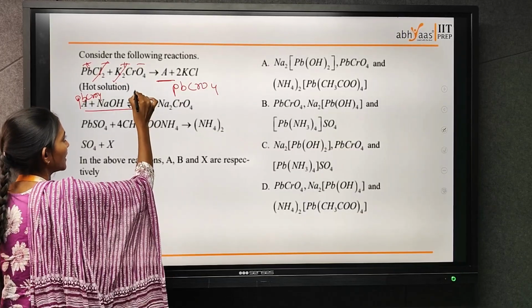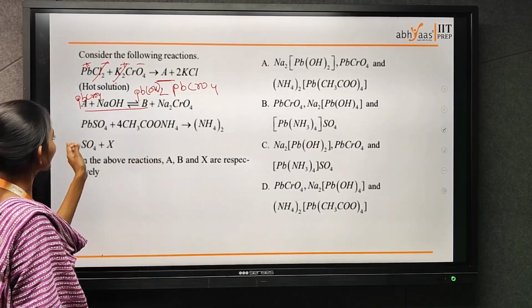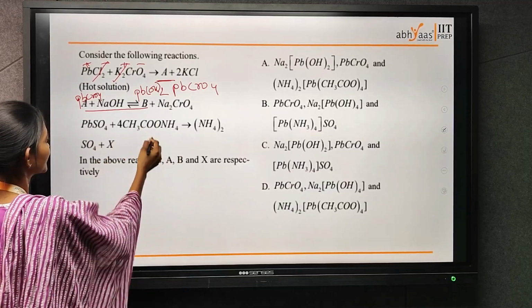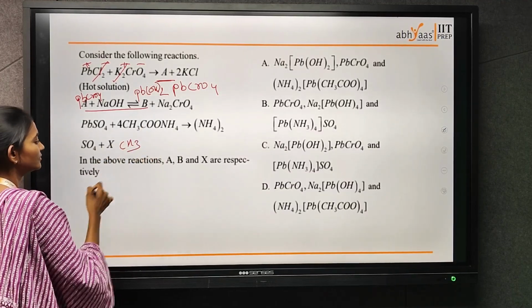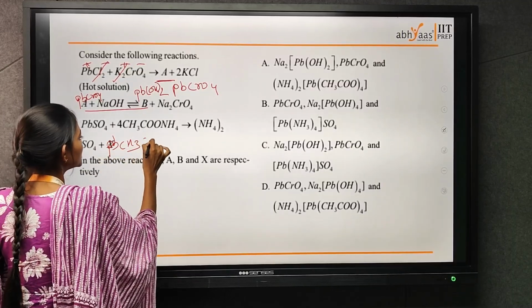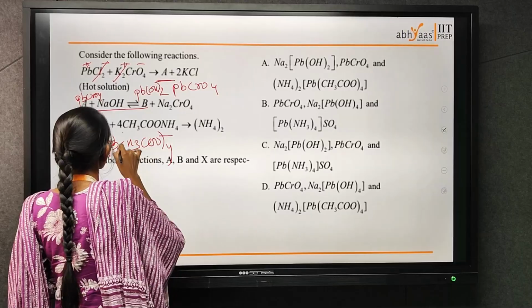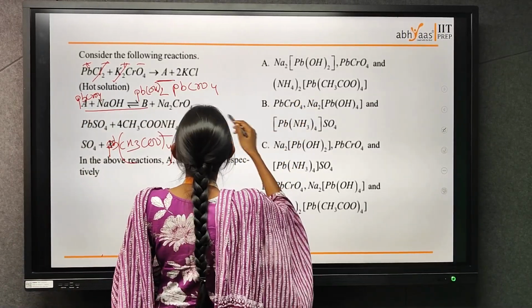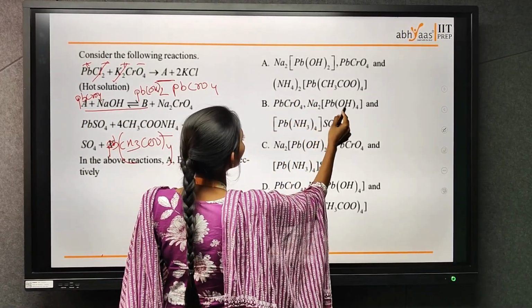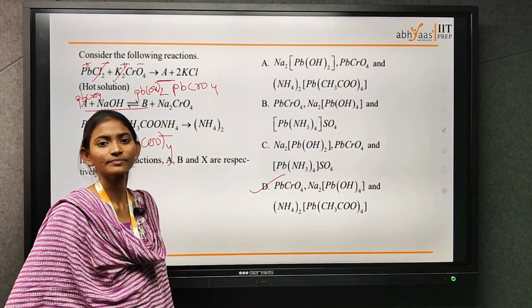Lead hydroxide, Pb(OH)2. So when you are reacting with CH3COO minus, what are you getting? So what will be your option? PbCrO4 and hydroxide. Yes, option will be D, right?